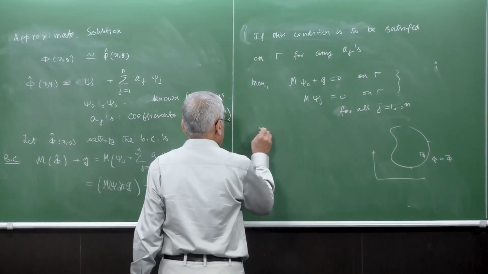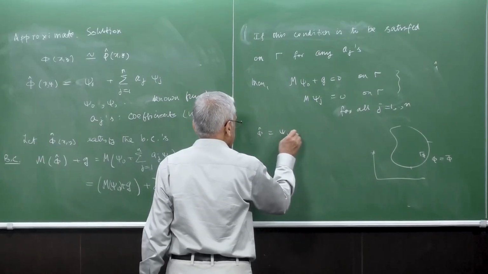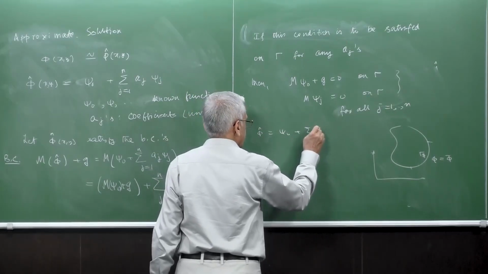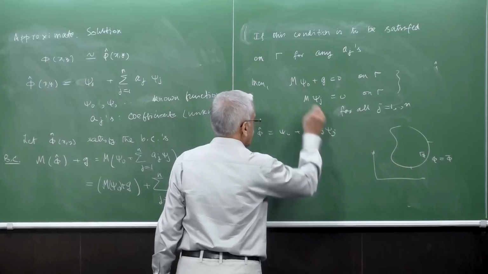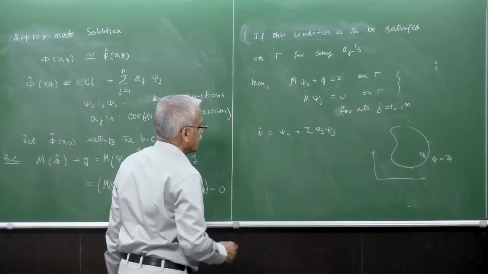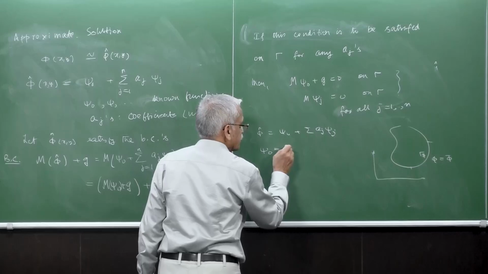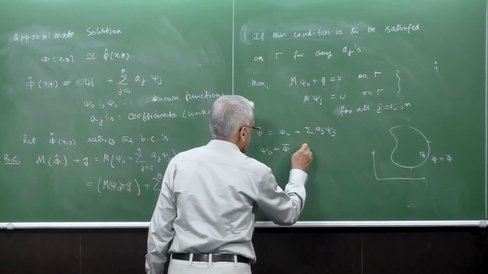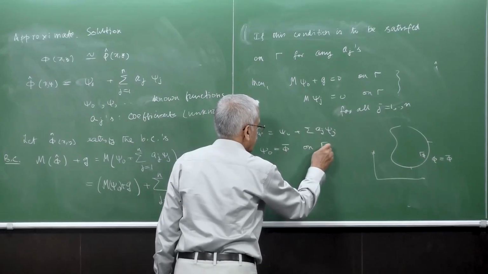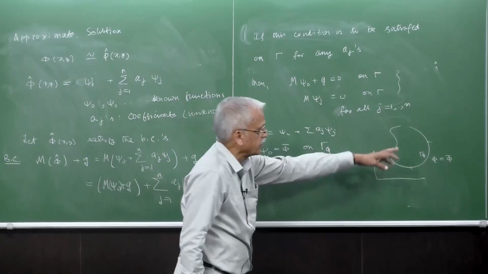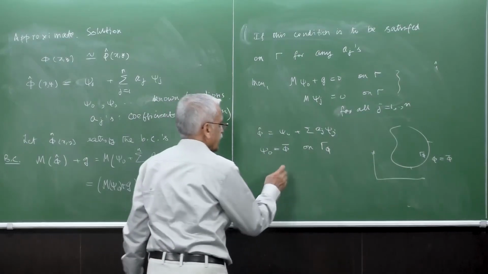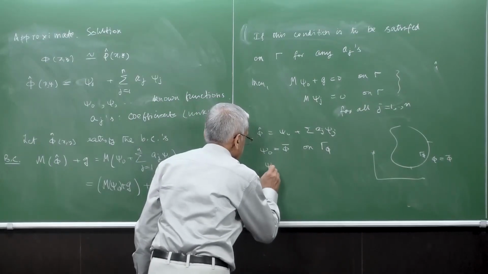Going through this procedure, psi naught has to be equal to phi bar on that part of the boundary, gamma phi. And what about psi j?